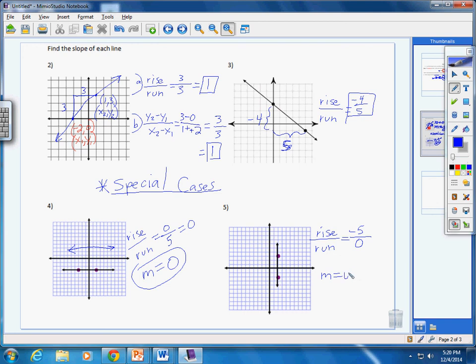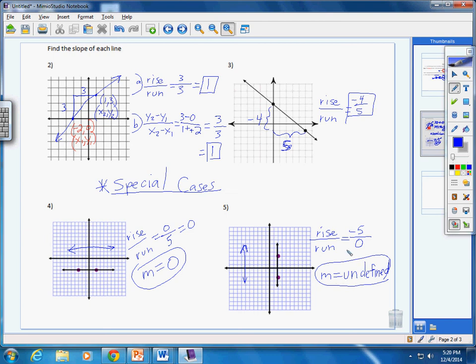We say our slope is undefined. That is your answer. If you're asked to find the slope and you're dealing with a vertical line, which we have here, your slope is always going to be undefined. So anytime you have a vertical line, you also don't have to make a calculation. You know your slope is always going to be undefined, no matter what.